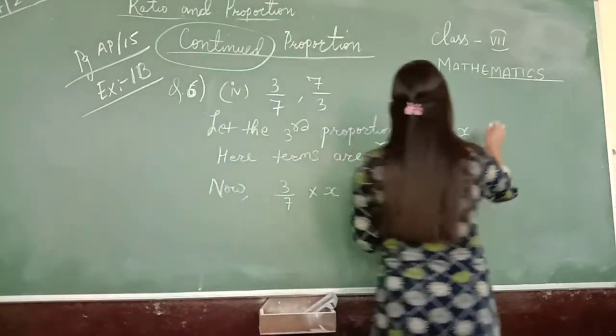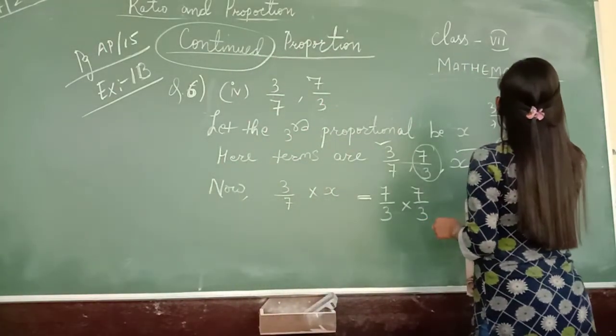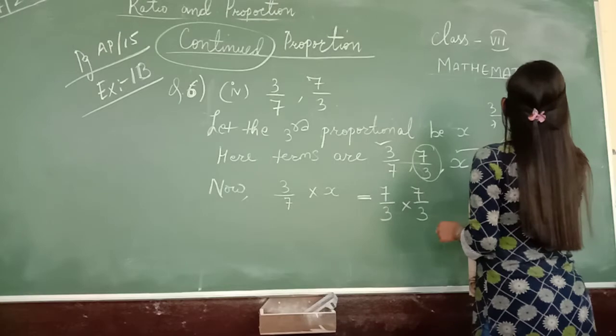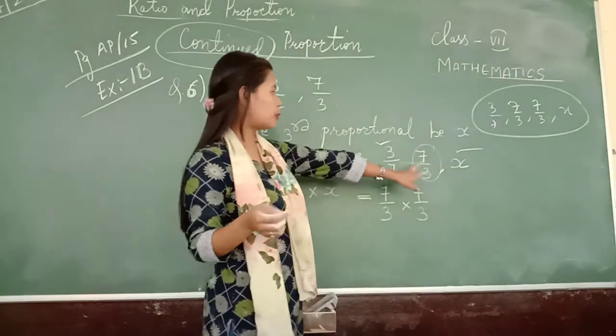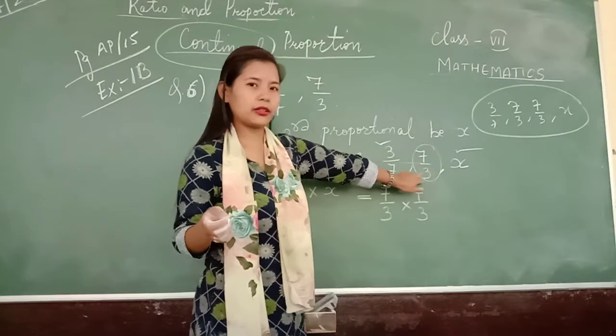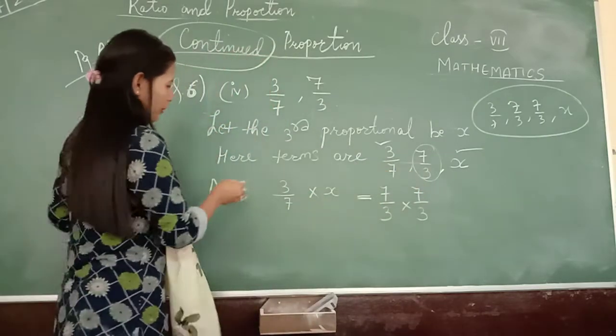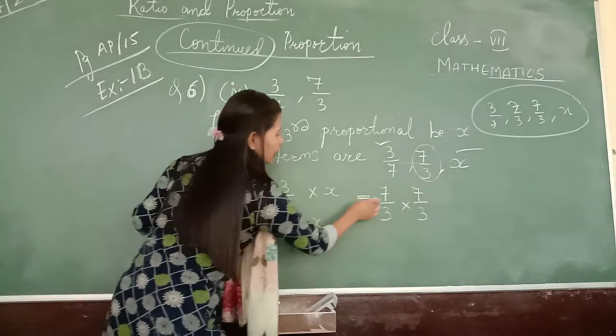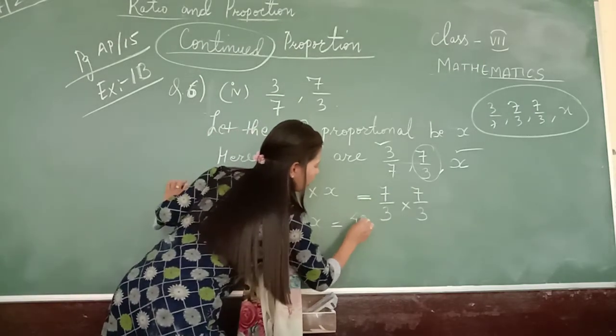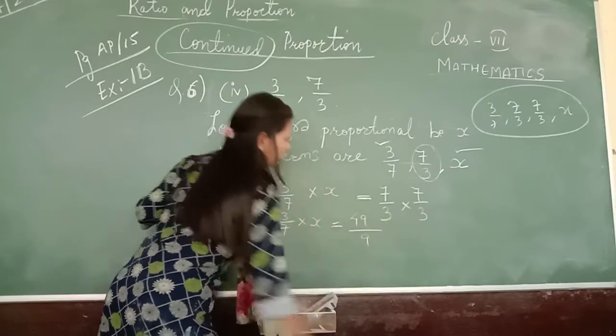No, actually the terms here are 3 by 7, 7 by 3, 7 by 3 and x. Actual terms are this. Because it is continued proportion, that's why we are writing it only once here. Okay, remember that. So this is 3 by 7 into x equals to, let us multiply this. 7 into 7 is 49. 3 into 3, that is 9.